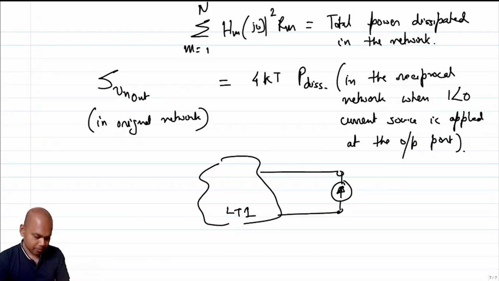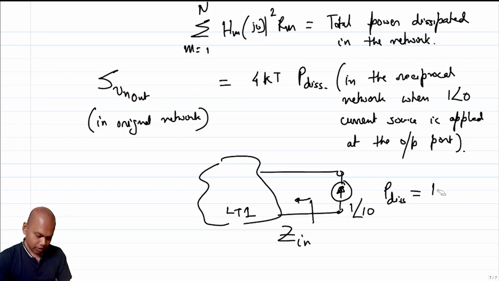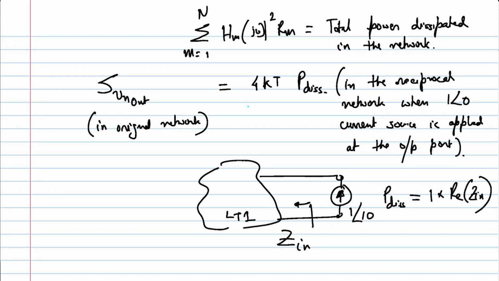Yes, I can, because if the impedance in this network is Zin, then the power dissipation is also equal to the current, that is 1 angle 0, in this case angle doesn't matter, 1 times the real part of Zin. Correct?